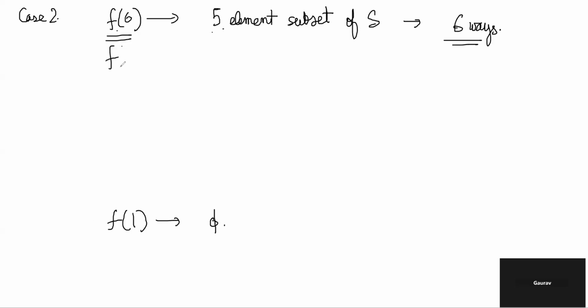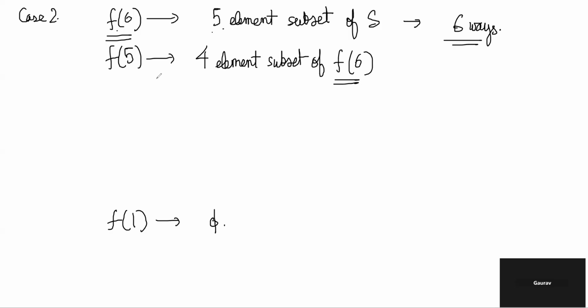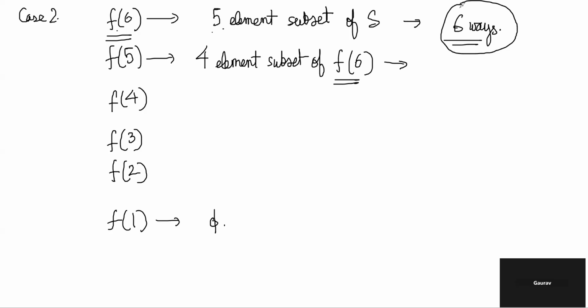Because now f of 5 has to be 4-element, right? But that 4-element has to be a subset of what? It has to be a subset of f of 6, right? Because we have to guarantee that every lower output is a subset of the higher output. So out of the 5 elements here, we have to select any 4. So 5 ways, 5C4.